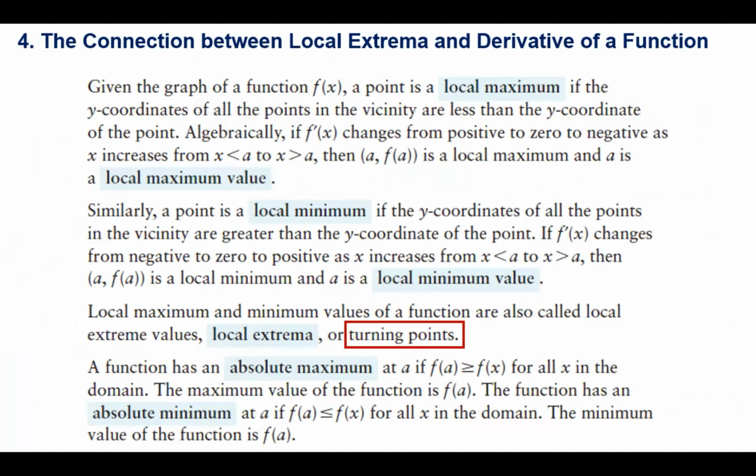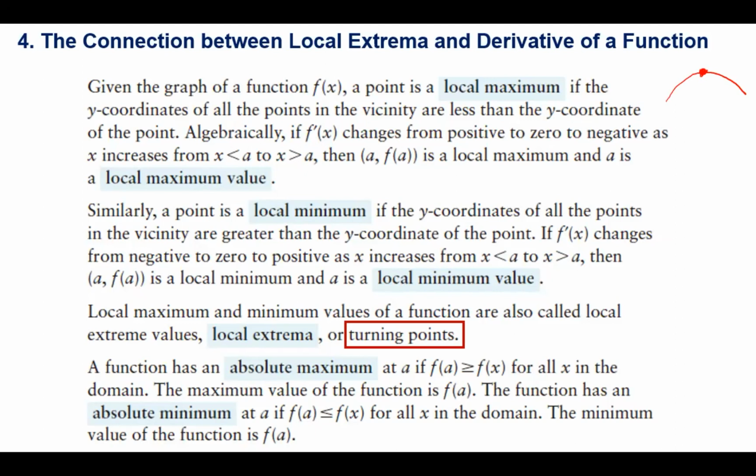Given the graph of a function f(x), a point is a local maximum if the y coordinates of all the points in the vicinity are less than the y coordinate of the point. So basically, a local maximum looks like this, right? If you have a curve like this, this point here is the local maximum.